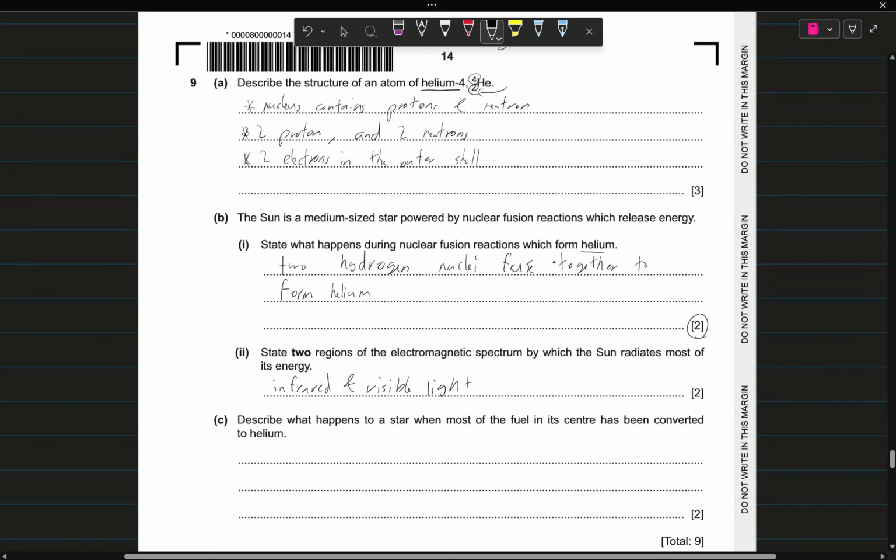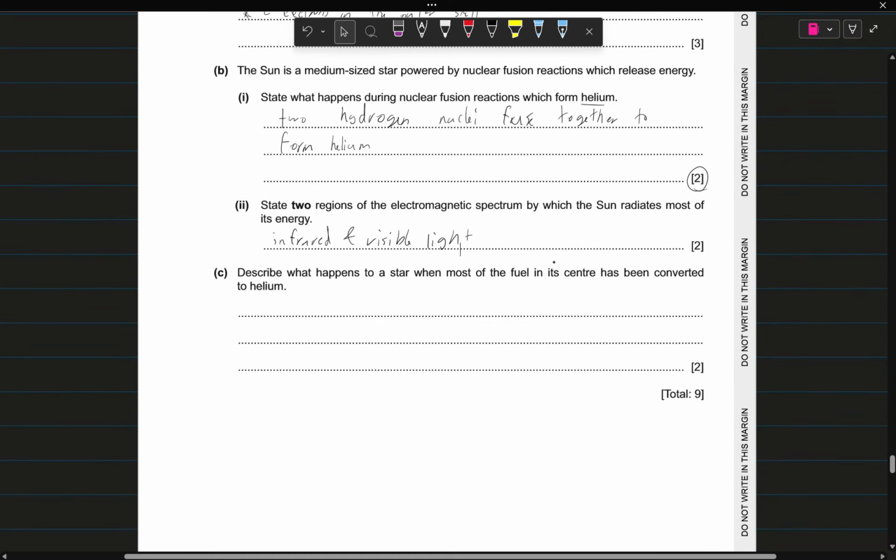Okay, on to part C. Describe what happens to a star when most of the fuel in its center has been converted to helium. Since you have 2 points, you have to mention both scenarios. It's either the star is small or medium, or the star is large. If it's medium, then it will form just a red giant.